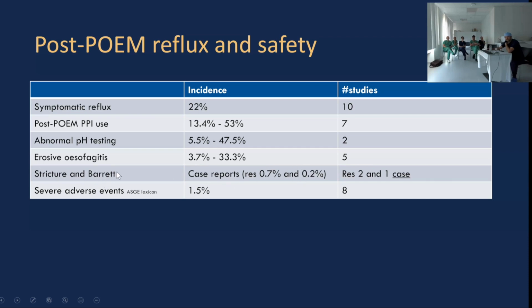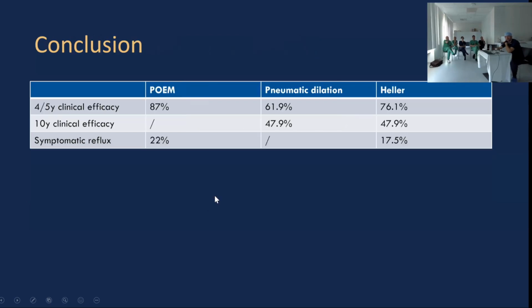I've never seen a post-POEM stricture, but I do accept that it's definitely possible if you're going to really cut the junction more than once. And severe adverse events, using the ASGE lexicon for adverse events to define them, 1.5%. So we'll go through later what those are and how you can best avoid them.